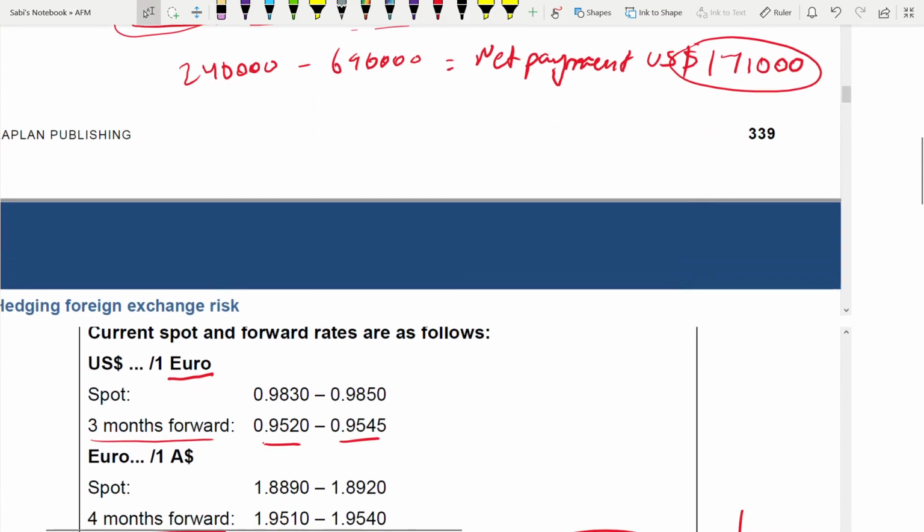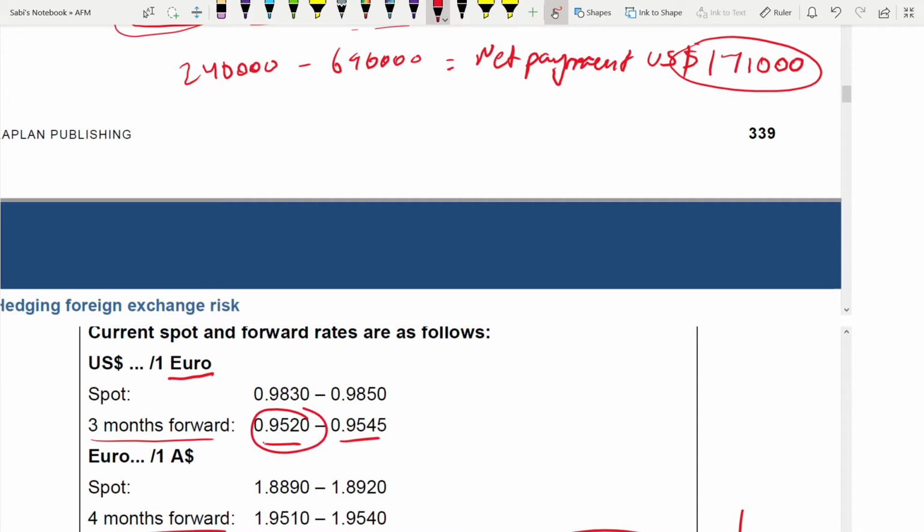So to pay in US dollar, you need to buy US dollar. To buy US dollar you have to sell your euro. You'll be selling your euro at a lower rate. What is the rate? 0.9520. Okay, this one. So this is the rate.